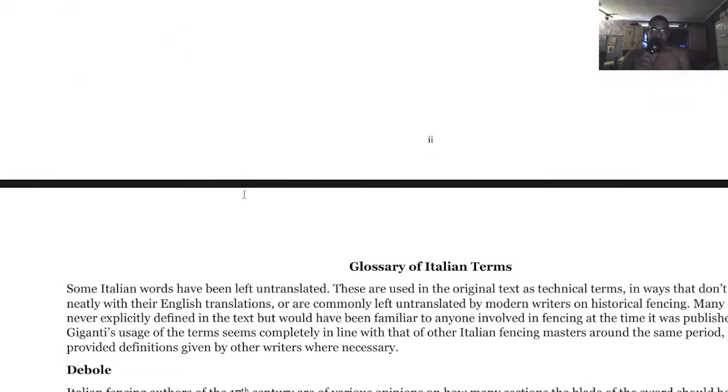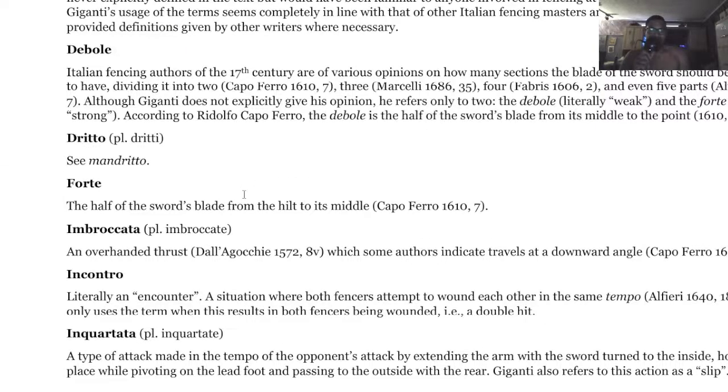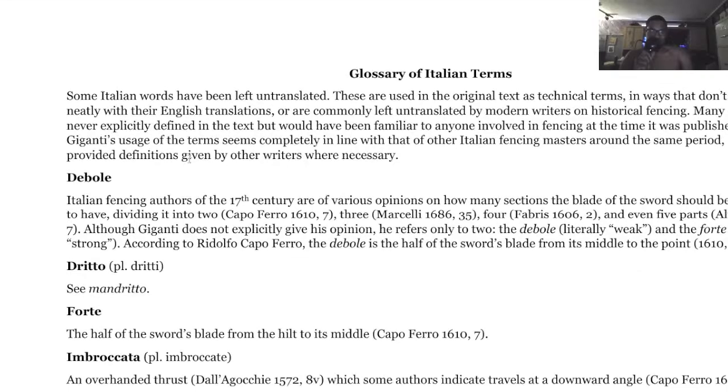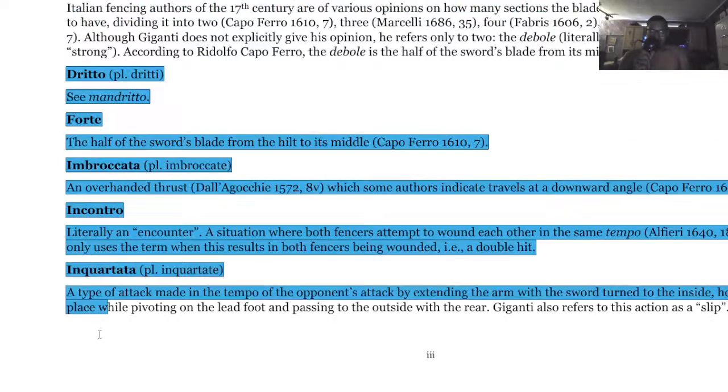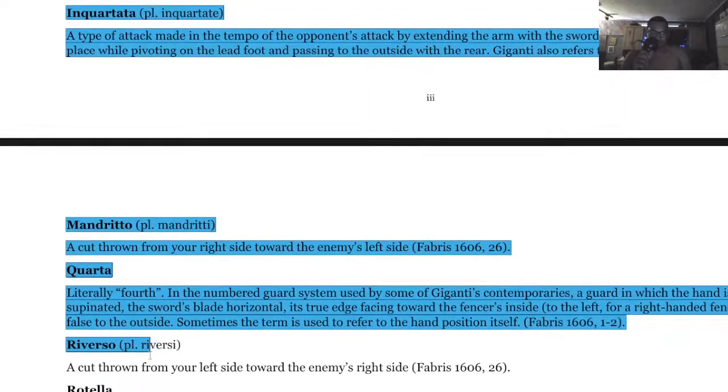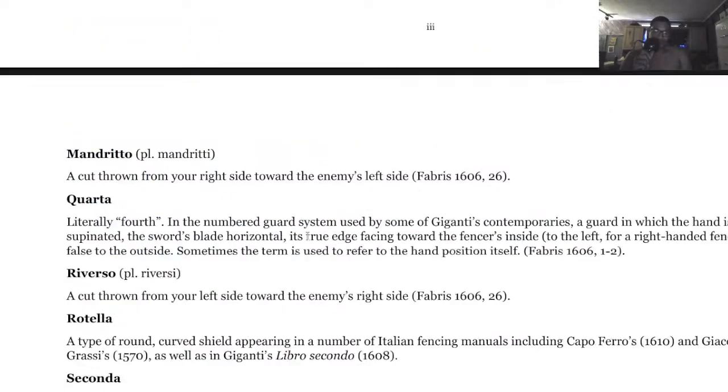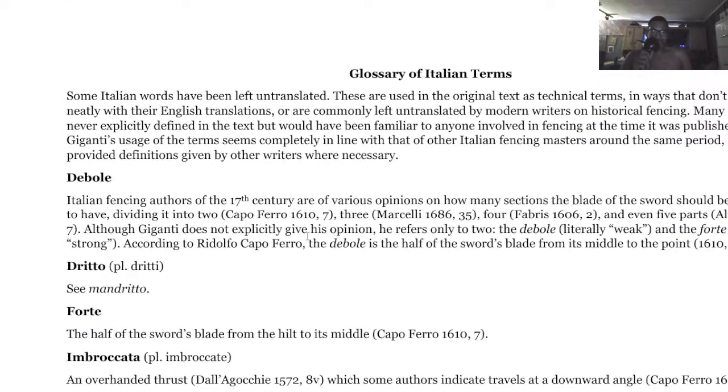So, this is just some of the nomenclature that's used. I suppose I'll introduce it to you. So, the Italian fencing authors of the 17th century are of various opinions on how sections of the blade of the sword should be considered.